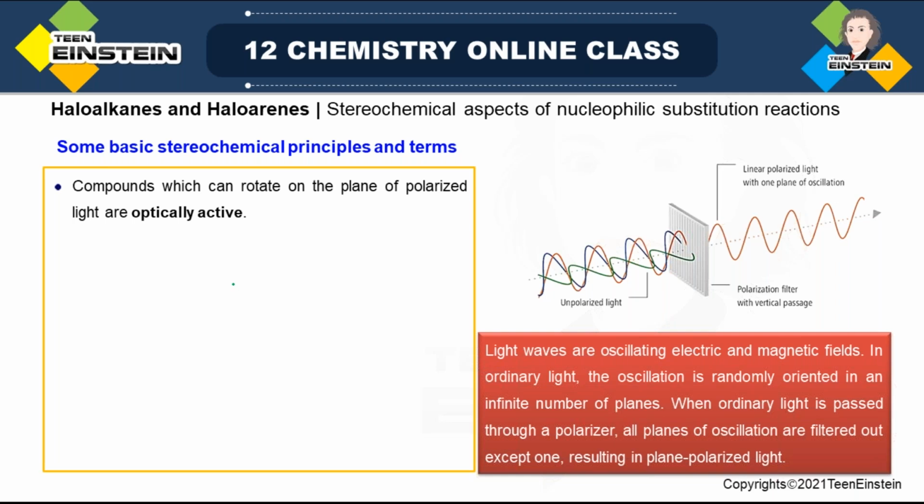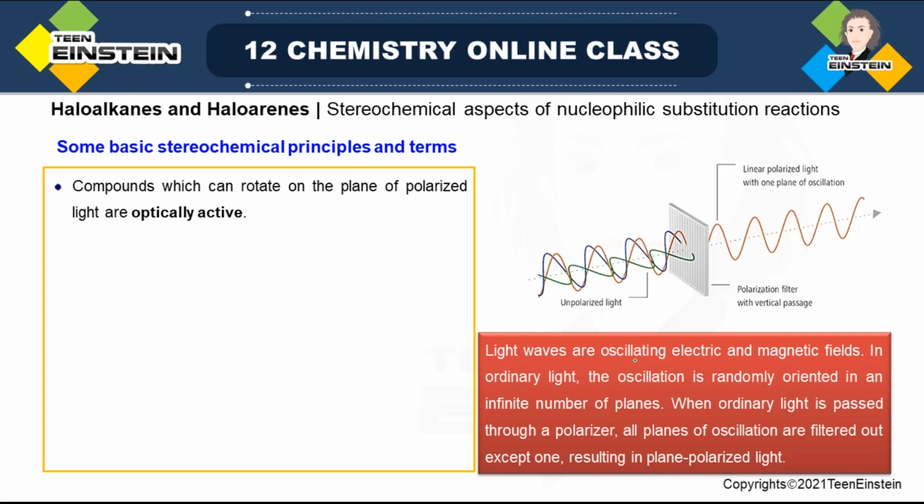First, we'll see what is an optically active compound. So compounds which can rotate the plane of polarized light are optically active. Okay, it's fine. But what is plane of polarized light? If you do not know that, then you will not get a proper idea why it is optically active. So you have to know first what is plane polarized light.